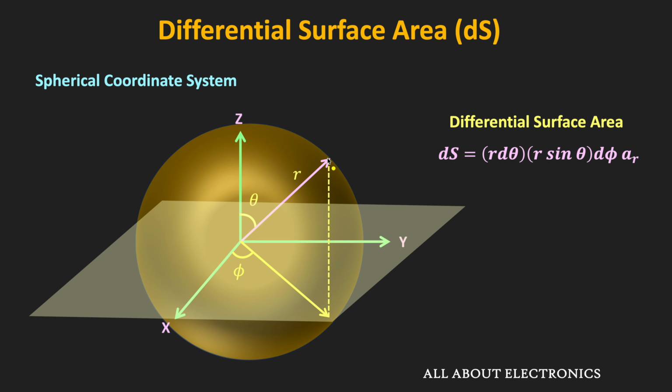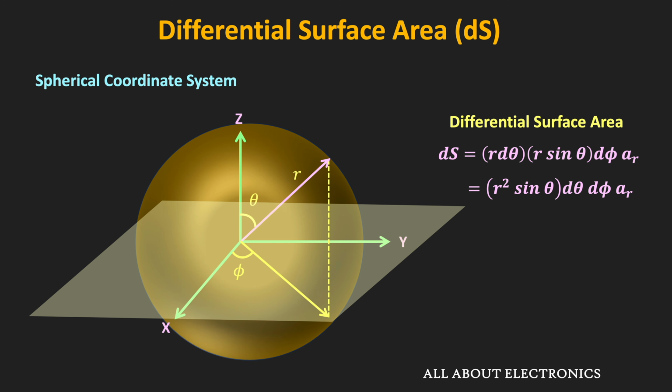And as we have seen, this differential surface will point in the direction of the arrow. So we can say that when the r is kept constant, at that time, this differential surface area can be given as r square sine theta times d theta times d phi times a r.